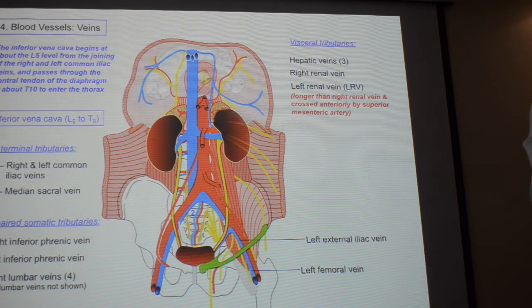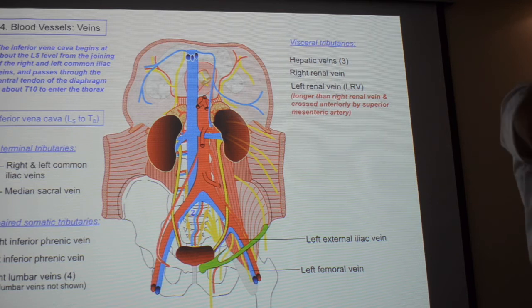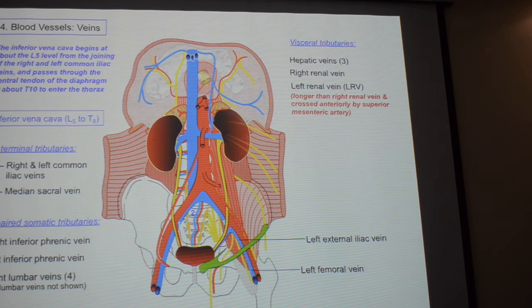And this is one part. The second part, the inferior suprarenal vein is also draining into the left renal vein. It's not draining into the inferior vena cava, it's draining to the left renal vein.